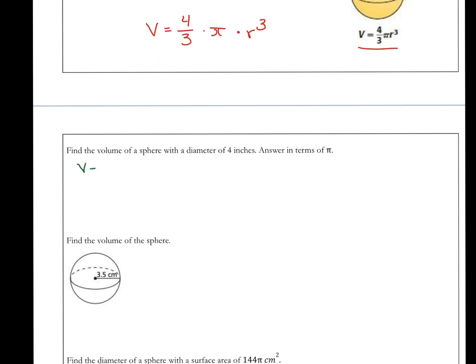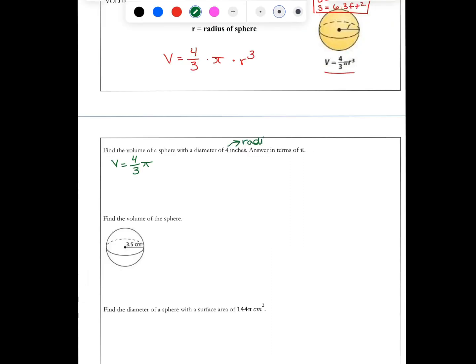So if I rewrite our formula, volume equals 4/3 times pi. It tells us our diameter is 4, so that means that our radius must be 2. So we're going to put 2 cubed.